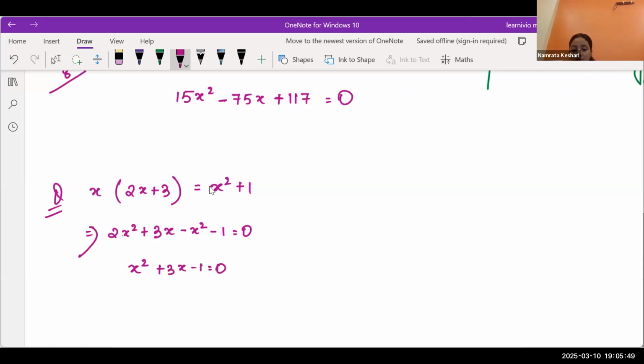Now the next question. x in bracket x plus 1, plus 8 is equal to x plus 2 in one bracket and another bracket x minus 2. Is it quadratic?